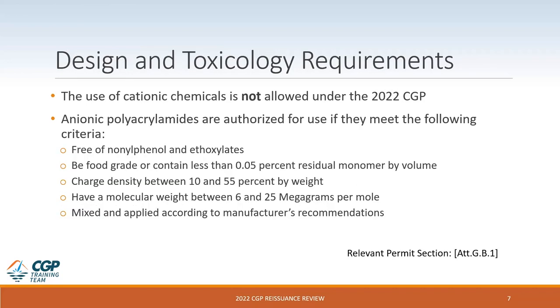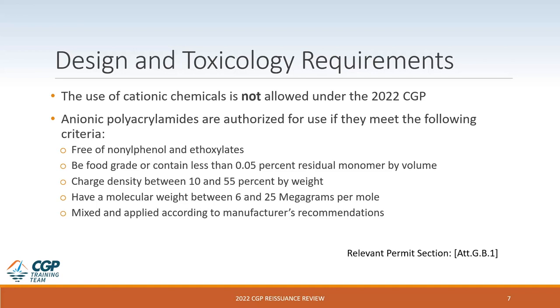Moving along to design and toxicology requirements. The use of cationic chemicals is not allowed under Attachment G in the 2022 CGP in a passive treatment application. However, anionic polyacrylamides are authorized for use as long as they meet some of the following criteria.